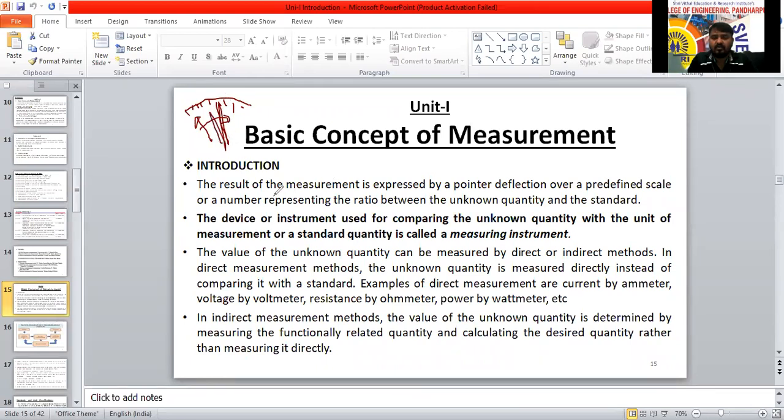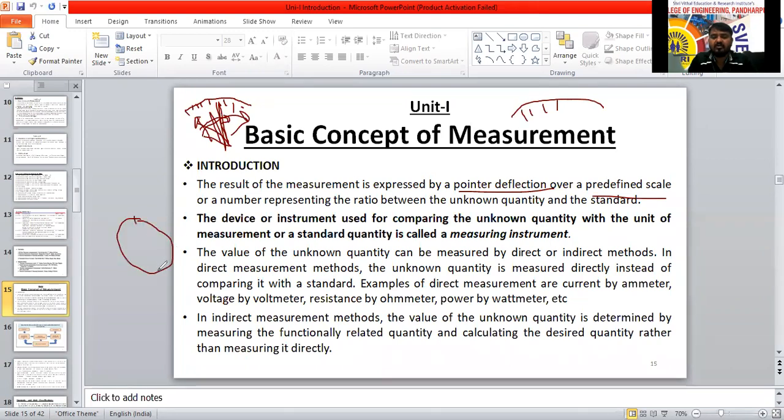So the measurement is expressed by pointer deflection. The pointer moves from zero to a non-zero value over a predefined scale. Predefined scale means the scale is already there.